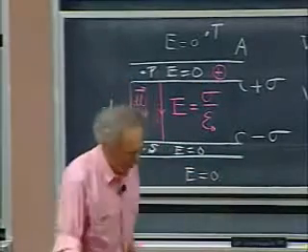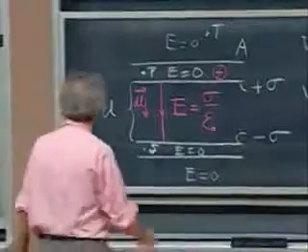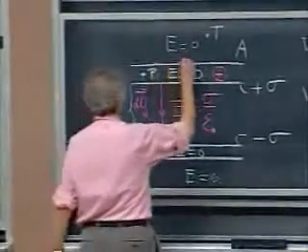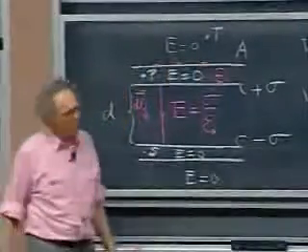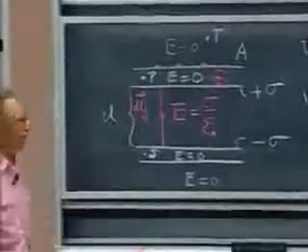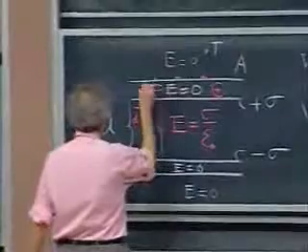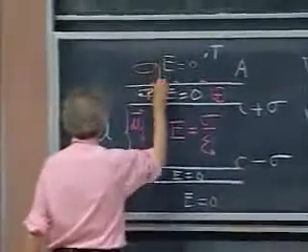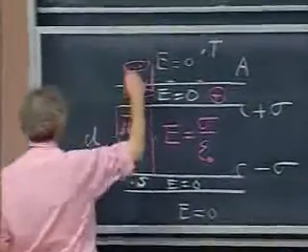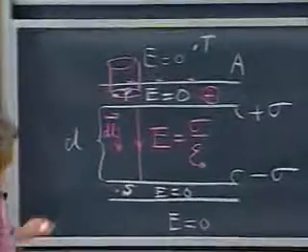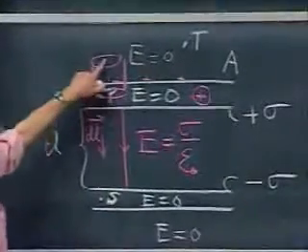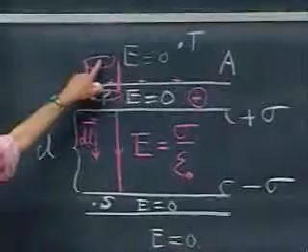Simple argument. Some of you may say, okay, maybe some of the charge here is at the top surface. Not allowed either in this configuration. I make myself a small pillbox, which is my Gauss surface. These are flat ends. Electric field is zero here. Electric field is zero there.